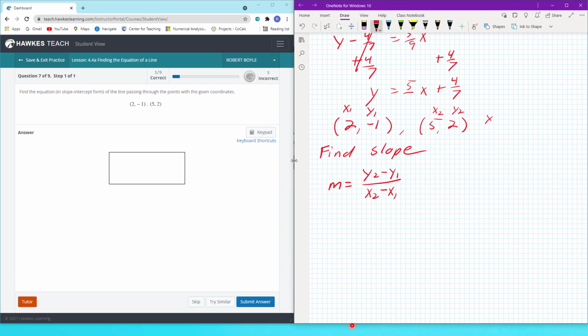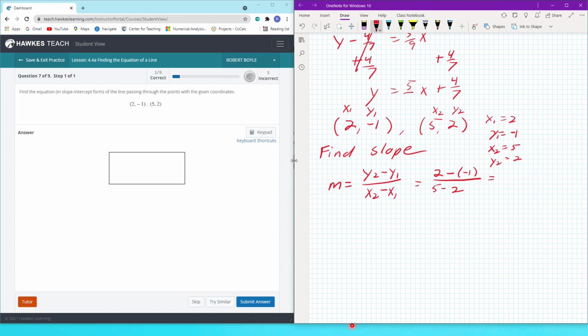Then we're going to have that x1 is equal to 2, y1 is equal to -1, x2 is equal to 5, y2 is equal to 2. All right, making the substitutions, we have y2, which is 2, minus y1, which is -1, divided by x2, which is 5, minus x1, which is 2.